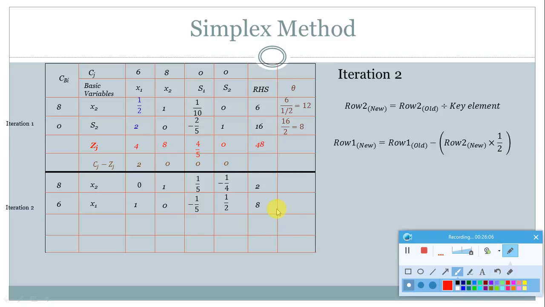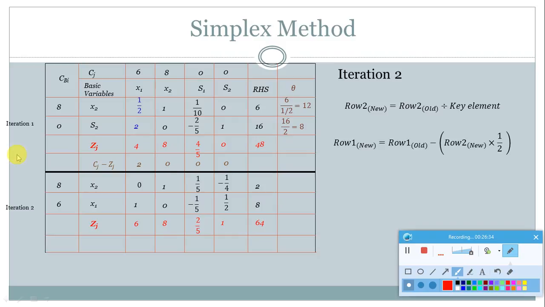Next, the values of Zj will be calculated. So 0 into 8 plus 1 into 6 will be equal to 6. 1 into 8 plus 0 into 6 equals 8. Similarly 2 by 5 here, 1 and 64.